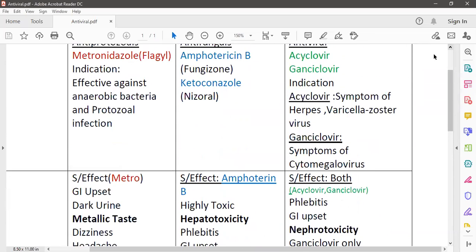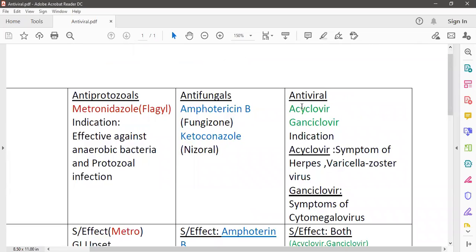And the other medication here is called antiviral, right? Antiviral medication treats any kind of viral infection. Most antivirals target specific viruses, while a broad-spectrum antiviral is effective against a wide range of viruses. Antiviral drugs are one class of antimicrobials as well, right?